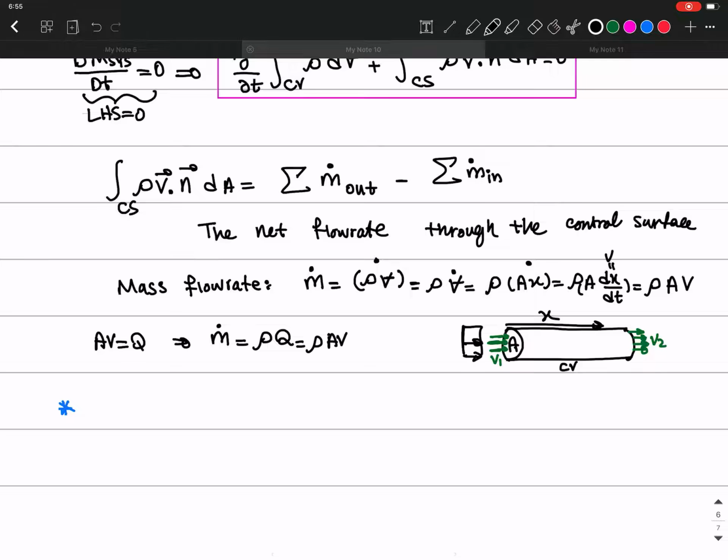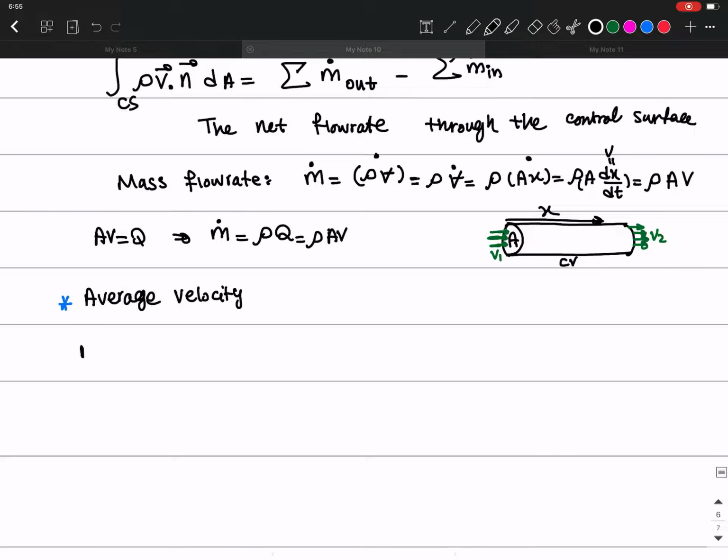It can change across the cross section, okay? So we can define an average velocity to write this down. So instead of these constant velocities that I have written, you might have a velocity profile that looks like this.